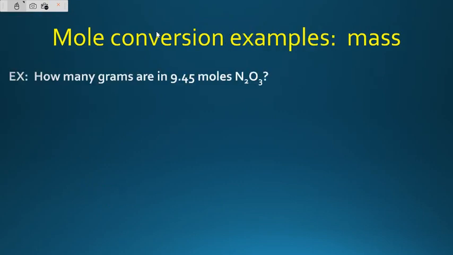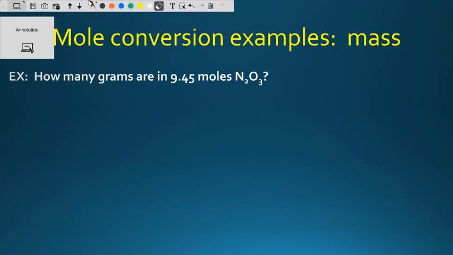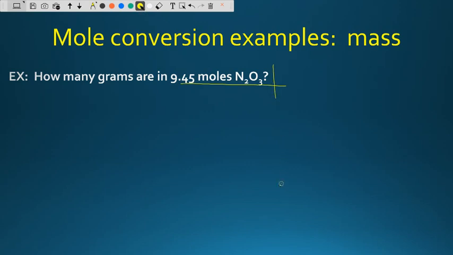Now, we use that concept to figure out how many grams there are if I'm given a set amount of this. So this is something that we'd be measuring in lab. We have 9.45 moles of my dinitrogen trioxide. It could have been something ionic, but this happens to be molecular. Well, I see I have 9.45 moles of dinitrogen trioxide. 1 mole of dinitrogen trioxide. The question is, how many grams would 1 mole constitute?